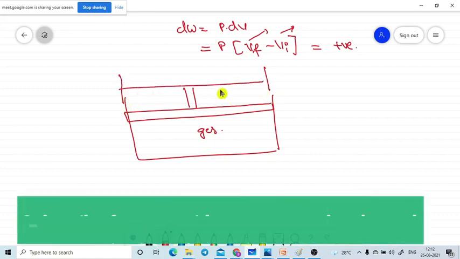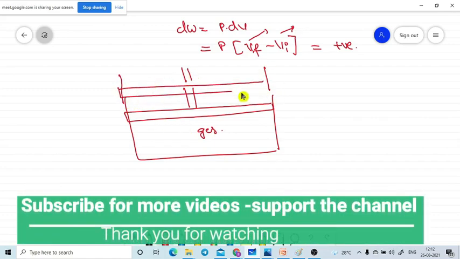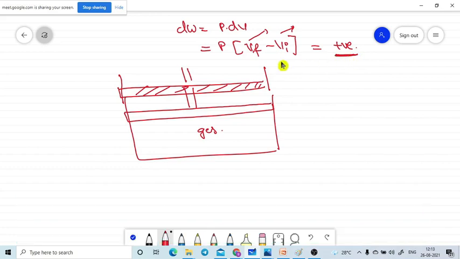Is it correct? Yes, sir. So who did work here? The system. If the system does work, that work done is positive. One word is interlinked to the other. Both are the same, but we are moving in another direction.